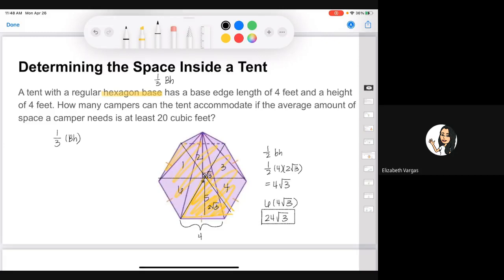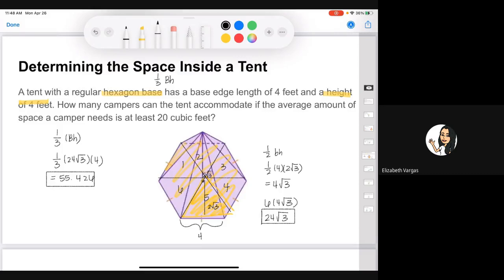Now I can go ahead and plug this in. I have 1/3 my base. My height, I was told, was 4. Right here, my height is 4. So that gives me approximately 55.426.